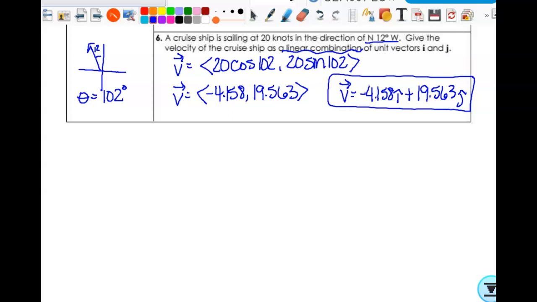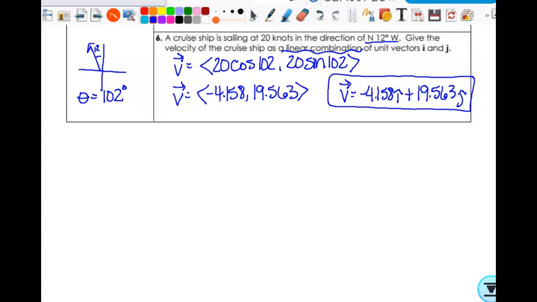Okay, so one thing that happens in math a lot is that we have application problems that are real-world problems that don't always have all the real-world things in them. For instance, if a cruise ship is sailing at 20 knots in a specific direction, there are more things affecting the cruise ship than its speed, right?